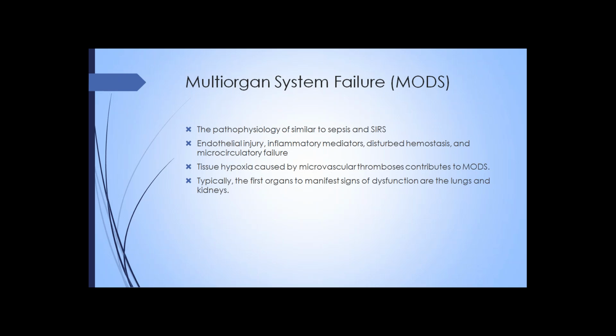Okay, so if I have a multi-organ system failure, the pathophysiology is the same as it is with sepsis because it is a progressive problem, just like SIRS and into sepsis is progressive. What happens is the perfusion at the endothelial cell level, okay, the endothelial is the inner lining of any kind of organ that you have. At the cellular level, that becomes injured.